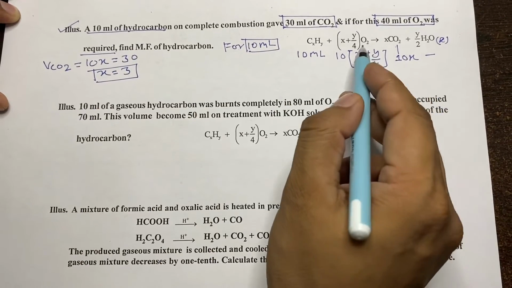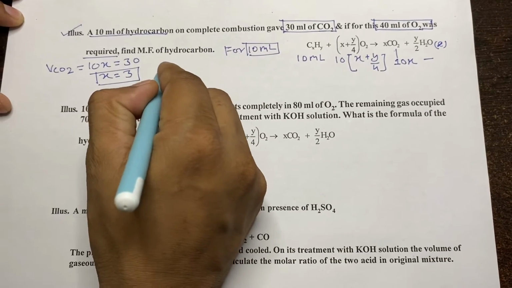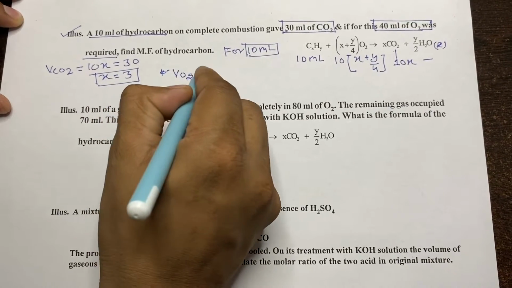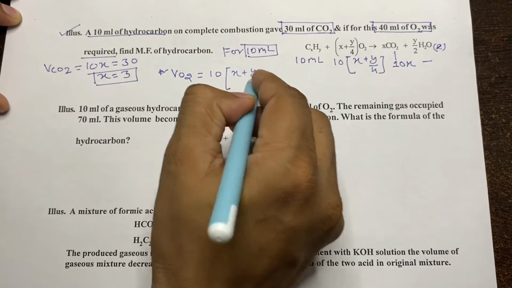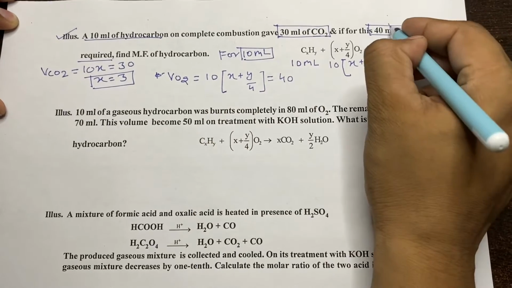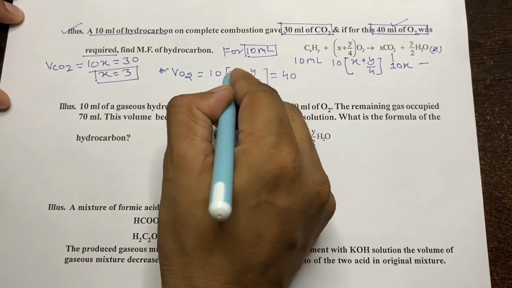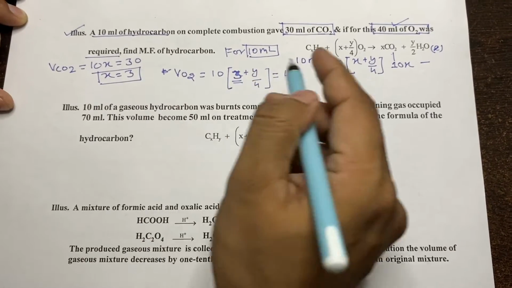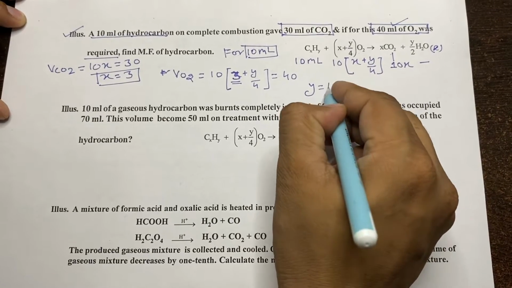So x again will be equal to 3. The additional data of oxygen reacted is also given, so the volume of oxygen will be equal to 10 bracket x plus y by 4, and this will be equal to 40, as the volume of oxygen is given as 40. And the value of x we can substitute here as 3. On solving for y, we will get y equal to 4.